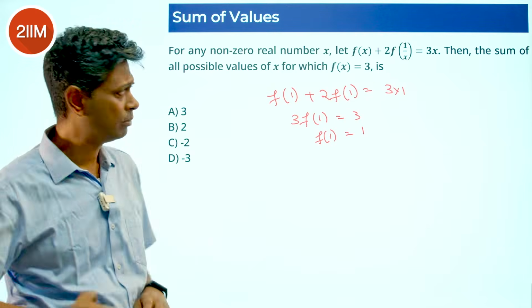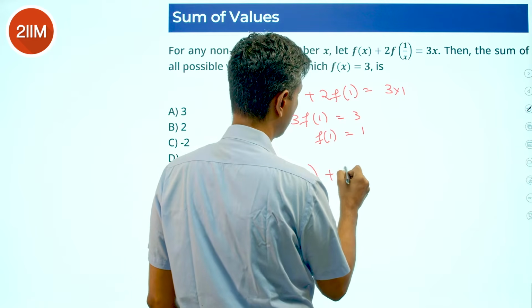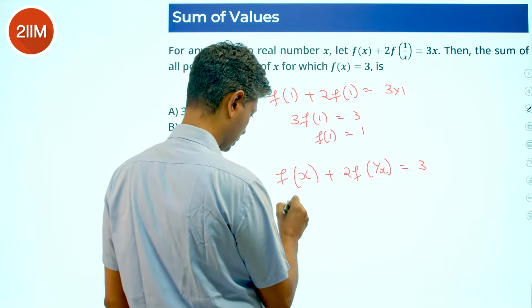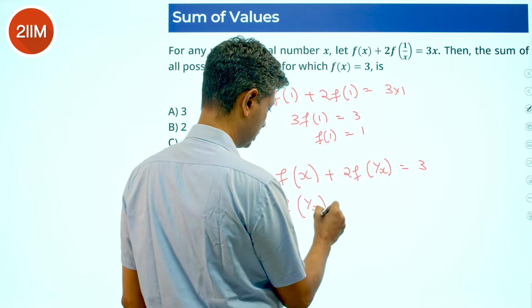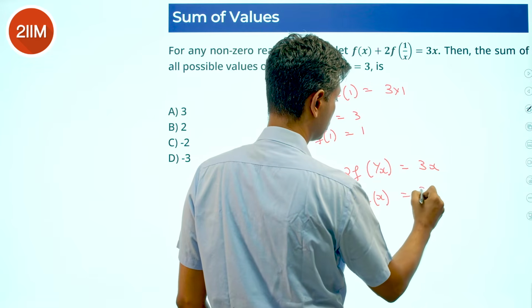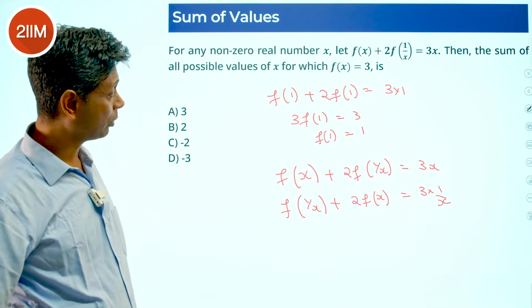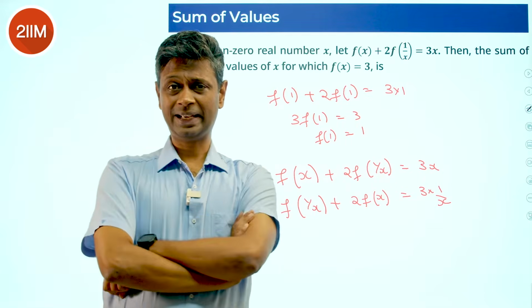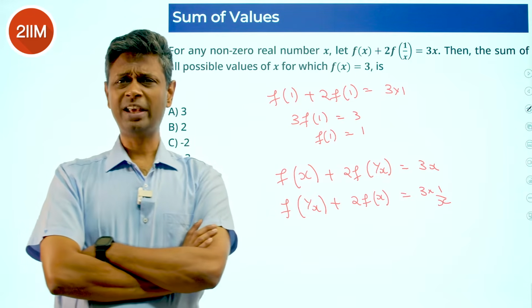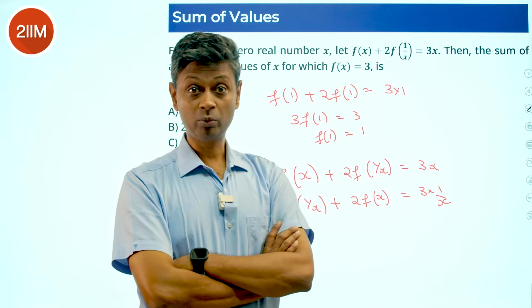It's useful because I can frame equations. f of x plus 2 times f of 1 by x is equal to 3x. f of 1 by x plus 2 times f of x is 3 times 1 by x. What am I doing here? I'm substituting this rule for 1 by x. Instead of putting x, I'm putting 1 by x.